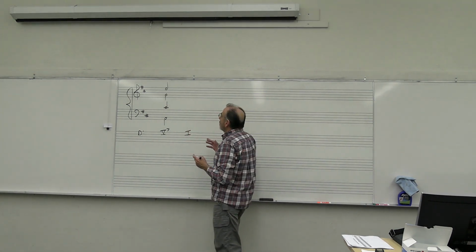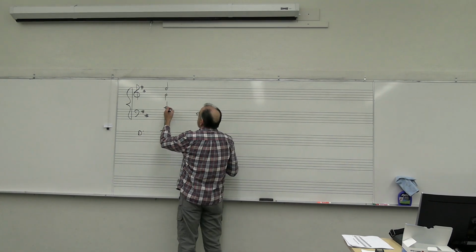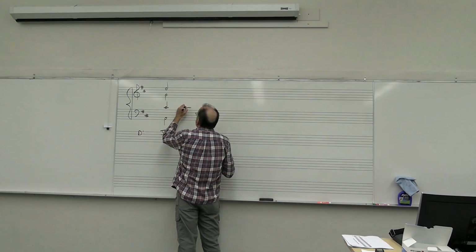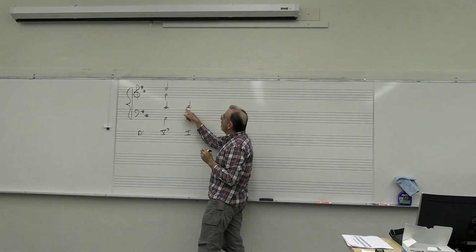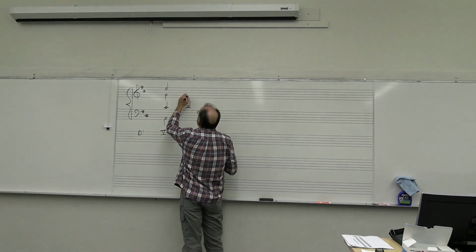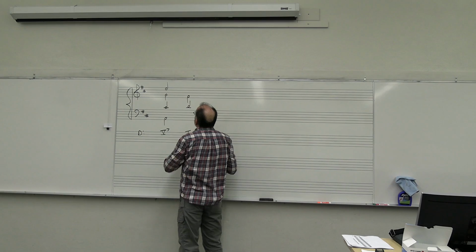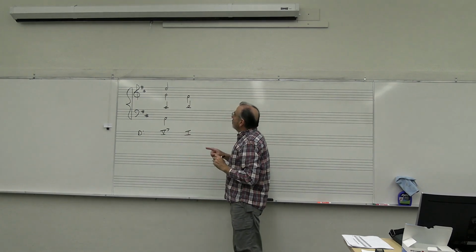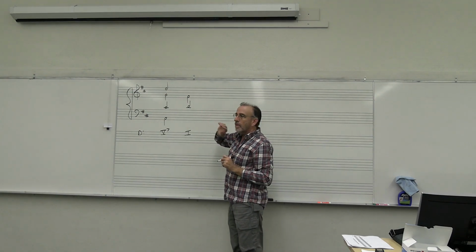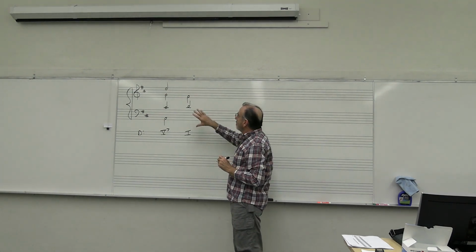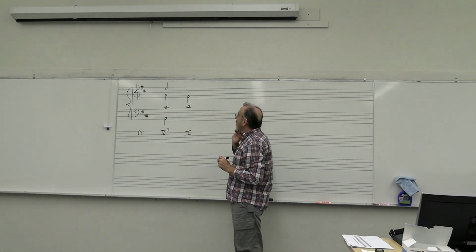And so we try to resolve the leading tone up to tonic, so that C sharp should go up to tonic, which is D. And then the seventh of the chord should resolve down by step to the third of the one chord, right? And those are, again, our tendency tones in the four-part writing.